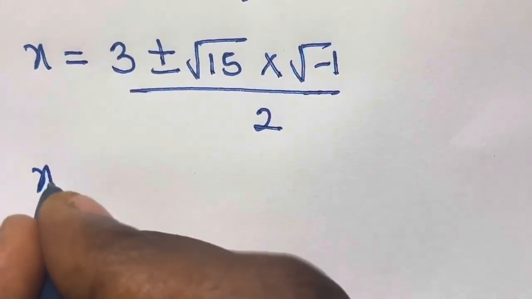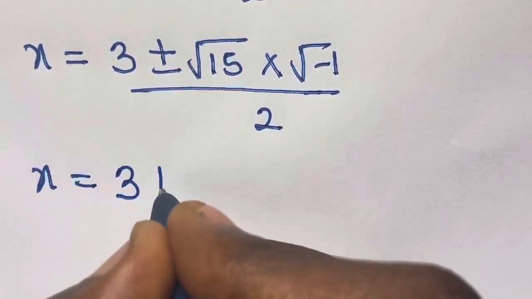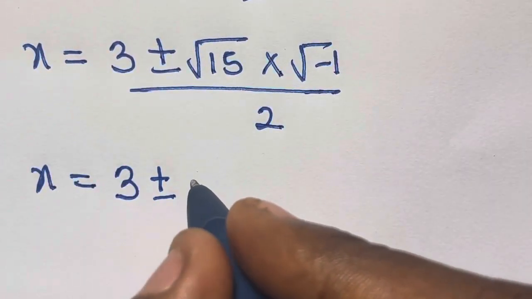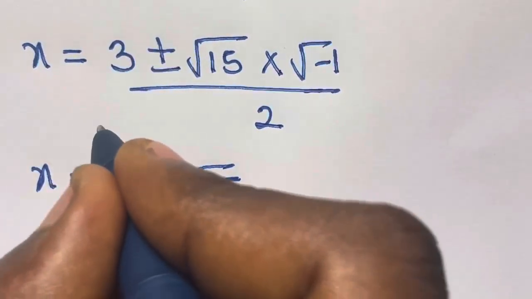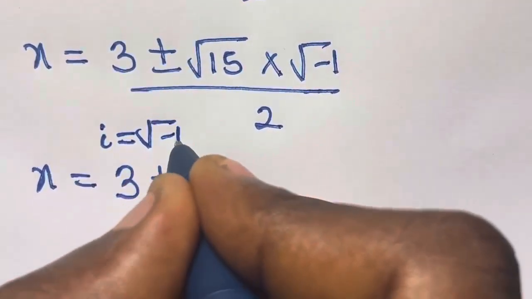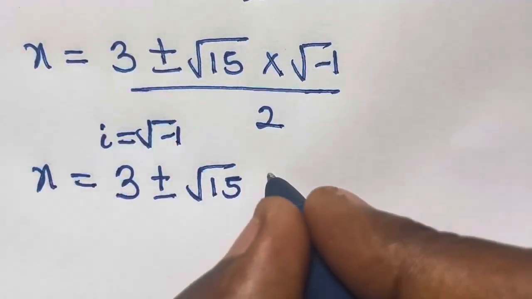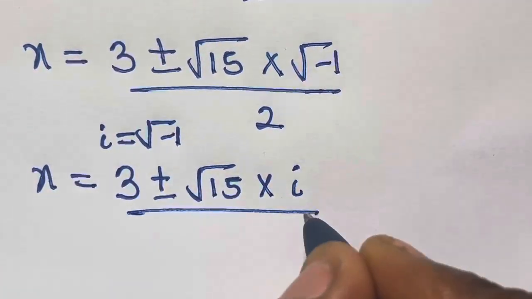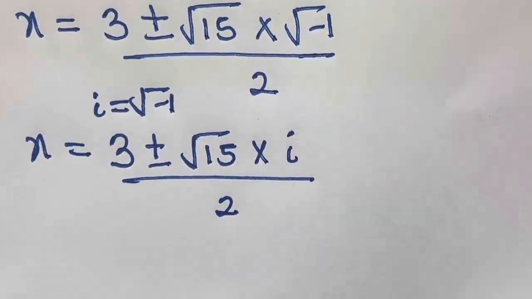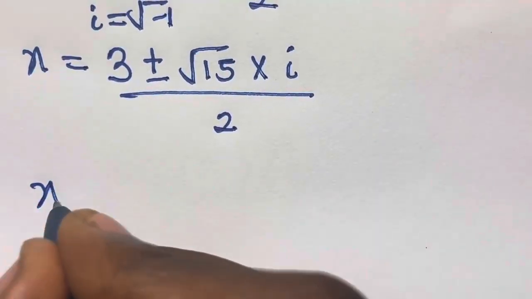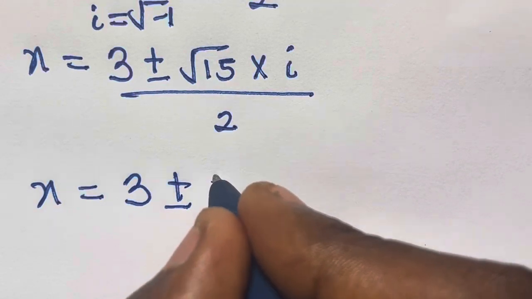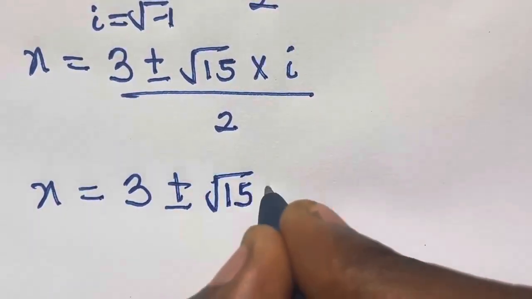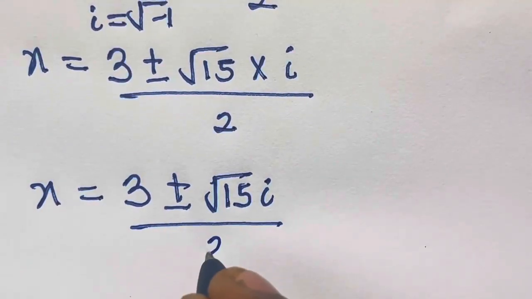Here you have to recollect that i is equal to square root of minus 1, right? So we have this times i, divided by 2. So then we have 3 plus square root of 15 i, divided by 2.